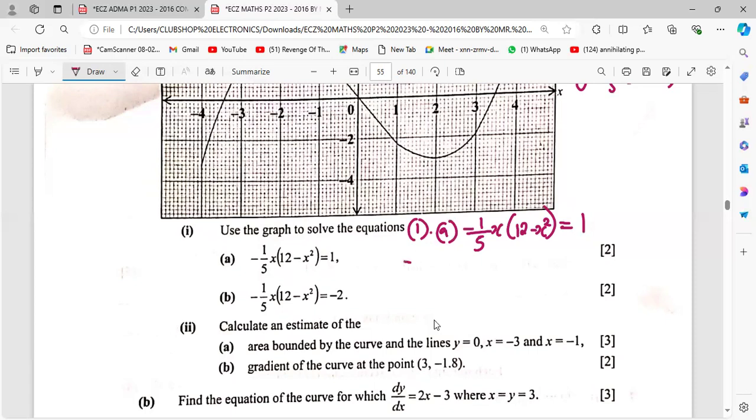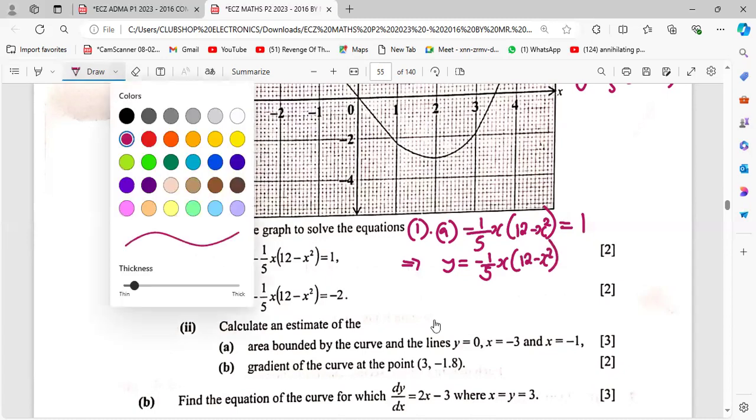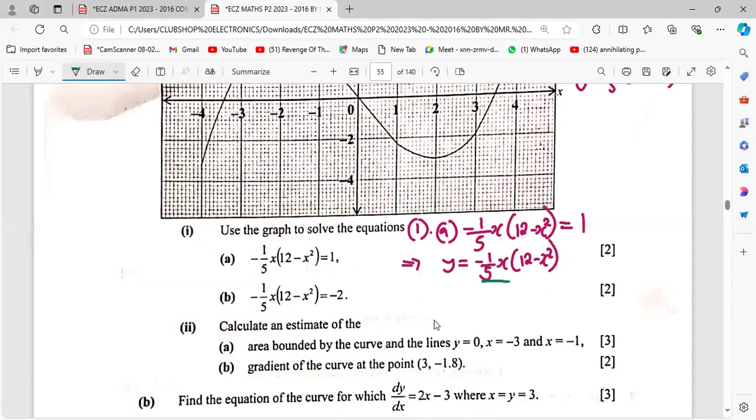Then it is very imperative that we compare this to the graph, and the graph is given as -1 over 5x, open bracket, 12 minus x squared. This is our graph, isn't it? You realize that this part and this one are the same.